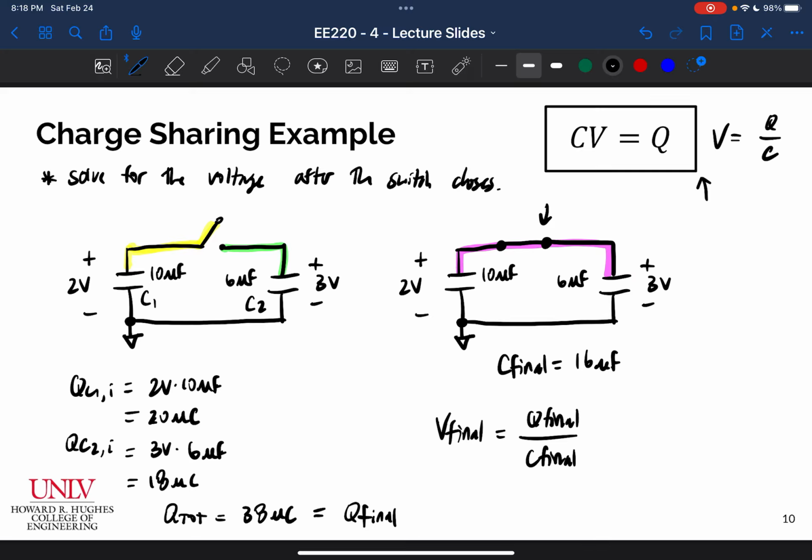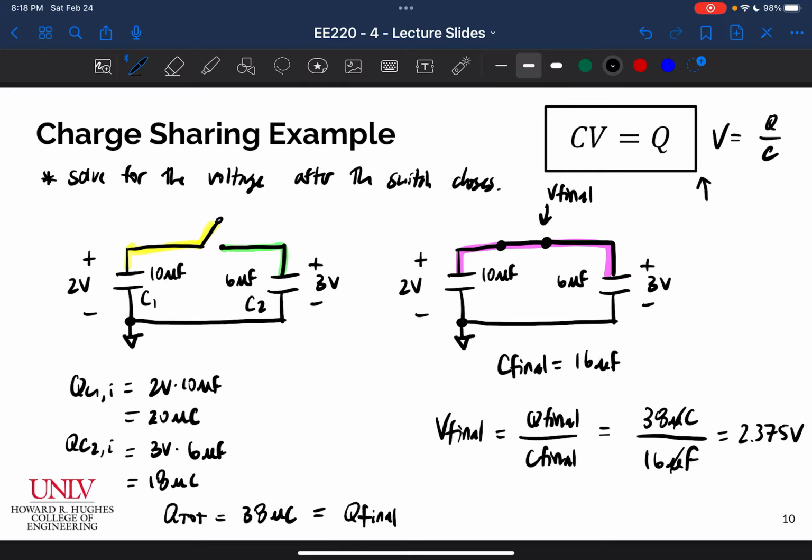That's going to be equal to 38 microcoulombs divided by 16 microfarads. My micros cancel, and I'm left with 38 divided by 16, which should be, if I know the mental math, 2.375. Let's see if I know that correctly. 38 divided by 16, 2.375 volts, okay? And so that would be the solution to this problem.